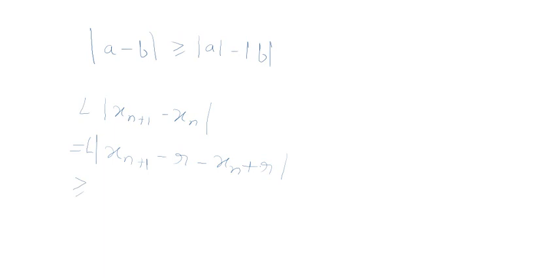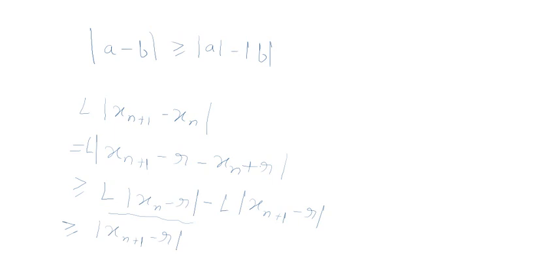So this is greater than or equal to L times mod of xn minus R minus L times mod of xn plus 1 minus R, and then this is further greater than or equal to mod of xn plus 1 minus R, because you know mod of xn plus 1 minus R is less than or equal to L times mod of xn minus R, right?